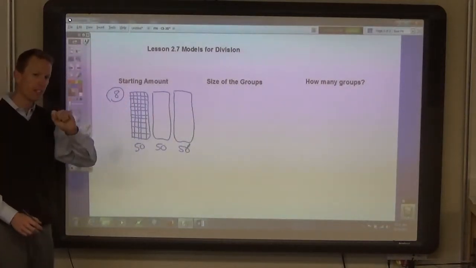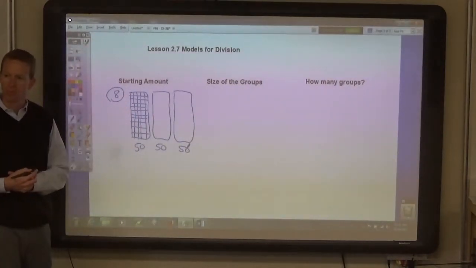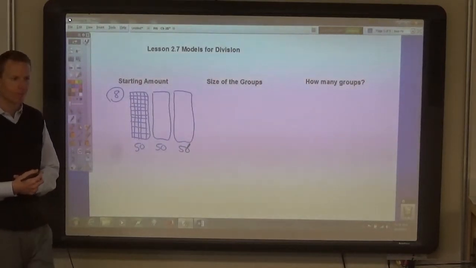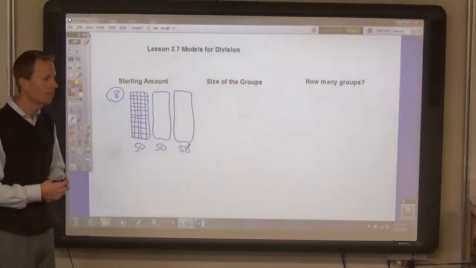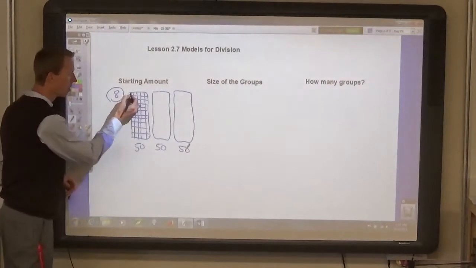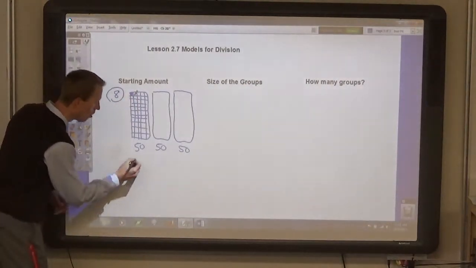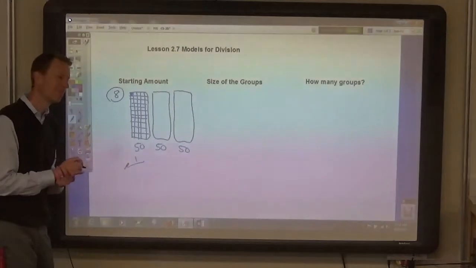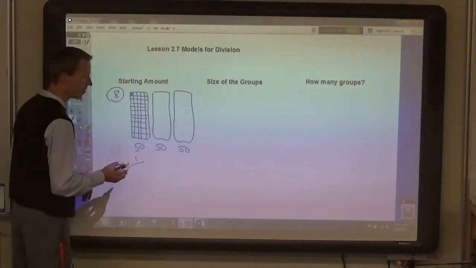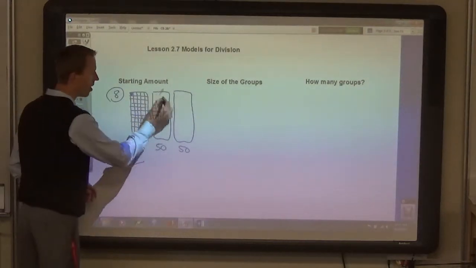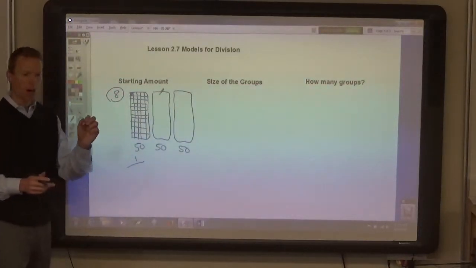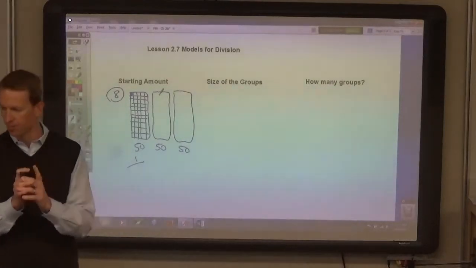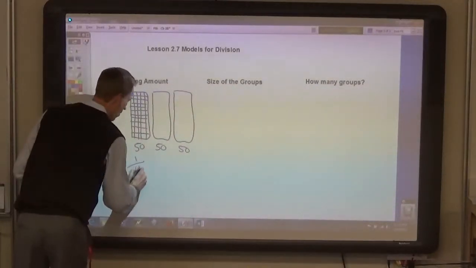What does 1 represent? 1 little one. 1 out of 50? No. These are hundredths. So it's actually 1 out of 100.